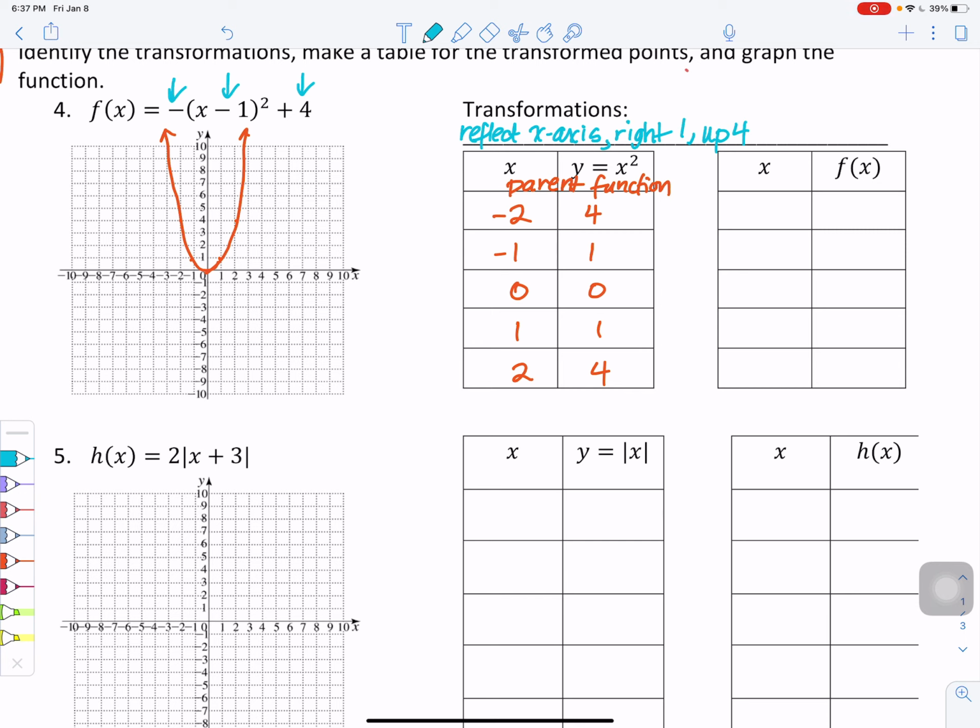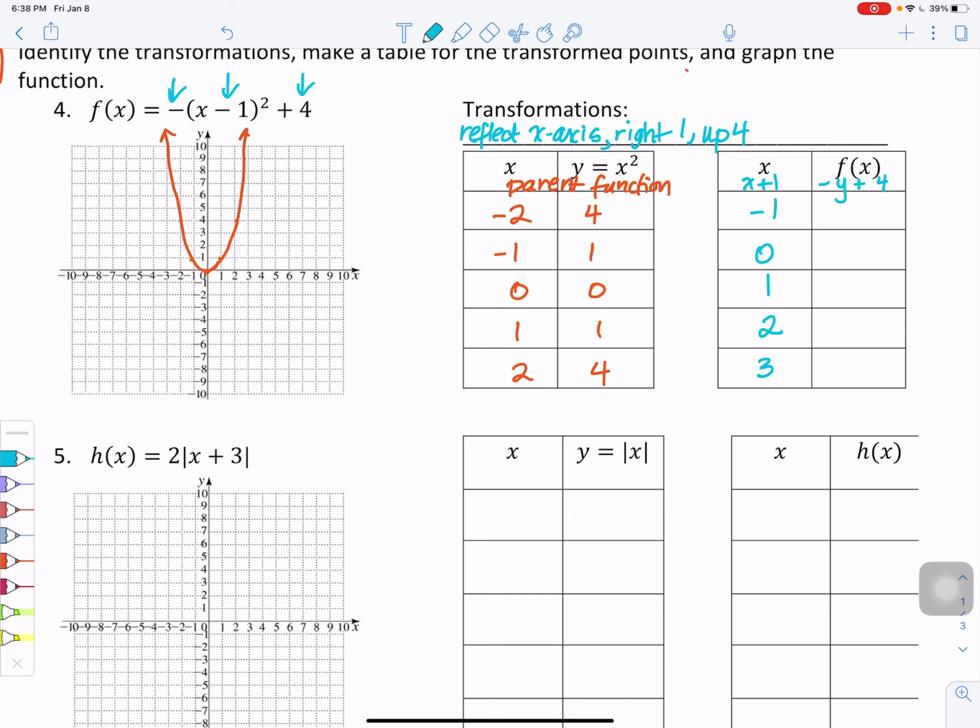So the reflection across the x-axis is going to have the opposite of y, then we're going to add 4. Moving to the right 1, we're going to add 1 to our original x values. So that makes it pretty nice. So adding 1 to negative 2, 0, 1, 2, and 3. So all of these x values I just added 1 to.